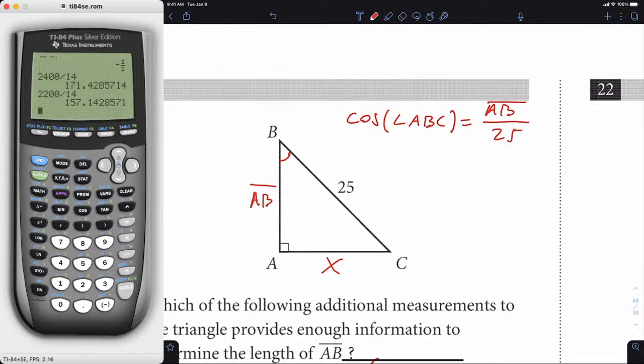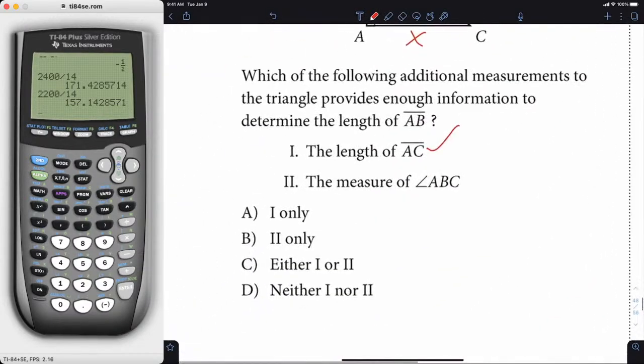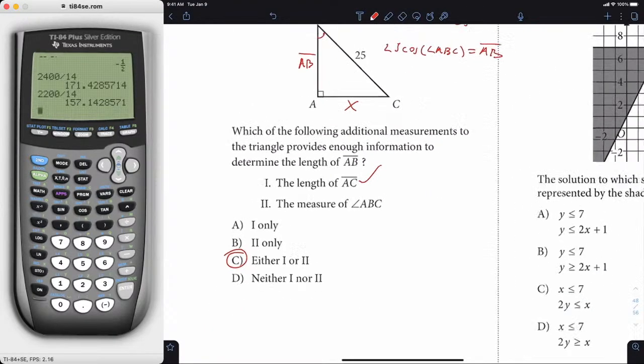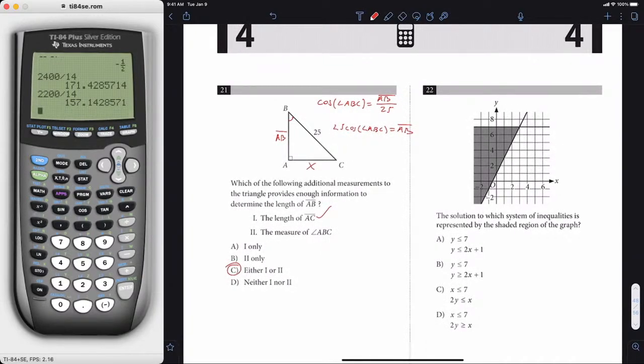If we multiply by 25 on both sides, then 25 times cosine of angle ABC is equal to AB. And that's a value we can find. So, yeah, 1 and 2 both. Oops. Yeah, either 1 or 2. Oh, wait, what? I'm a little confused here.